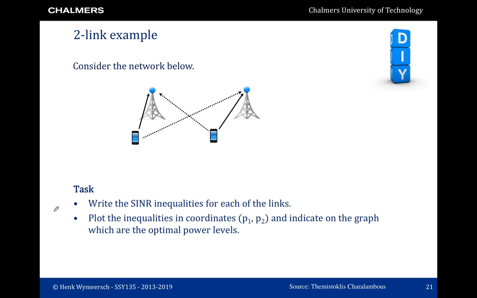As a simple problem, I ask you to write down the SINR inequalities for each of the links, and plot those inequalities in the coordinates of the 2 transmit powers for the users. From that, try to find the optimal power levels. I invite you to pause the presentation and come back after having solved the problem.